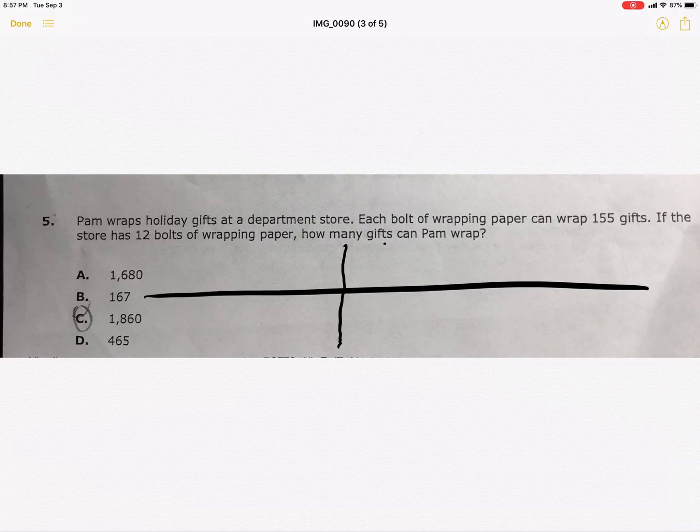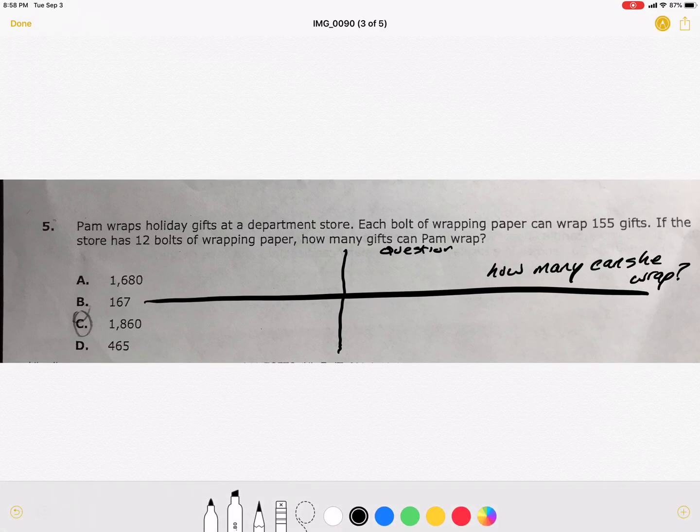So, the question, let's start there. How many can she wrap? Each bolt of wrapping paper can wrap 155 gifts.